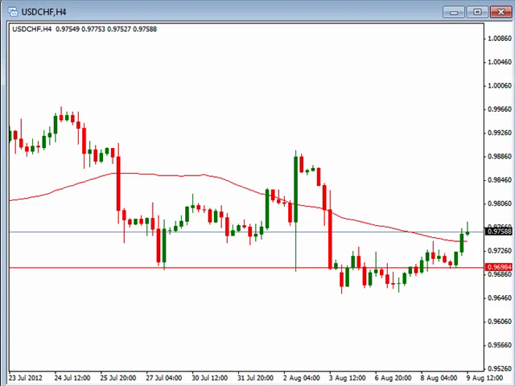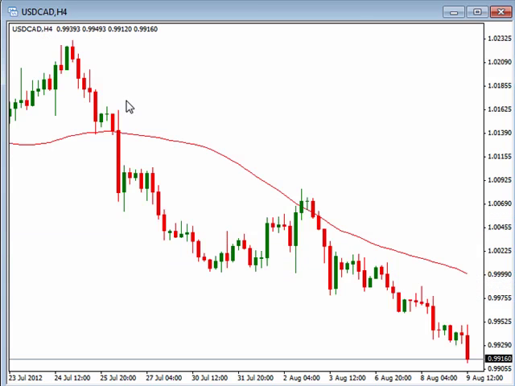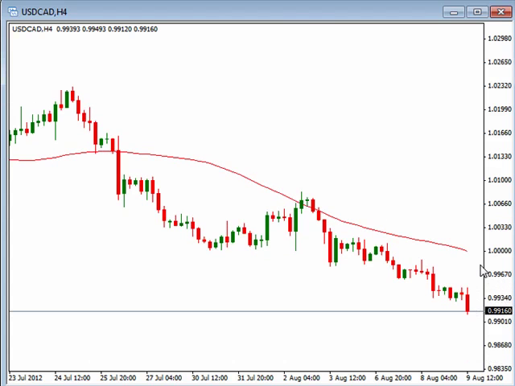Again, not really a super strong looking one, but that's where we'd place our stop. And last but not least, the US CAD. We really don't have a pullback, and so in this case we would want to wait for it to pull back up again and then look at getting in as it begins to move.